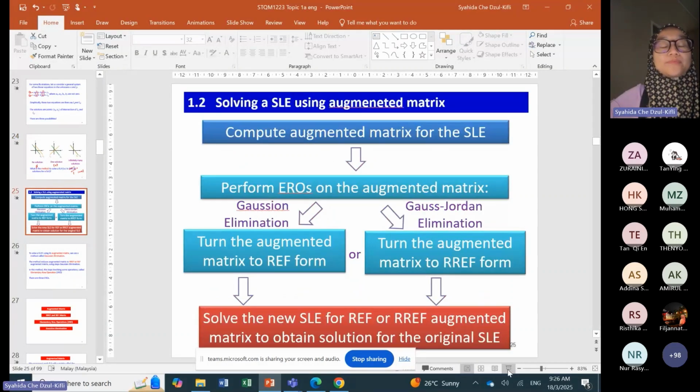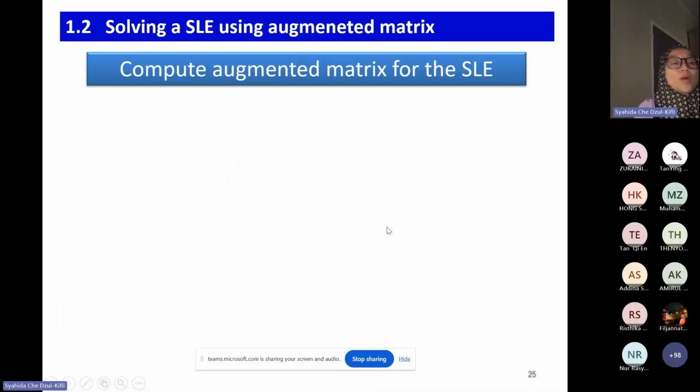So 1.2 and 1.3 are two methods of solving systems of linear equations using a matrix.